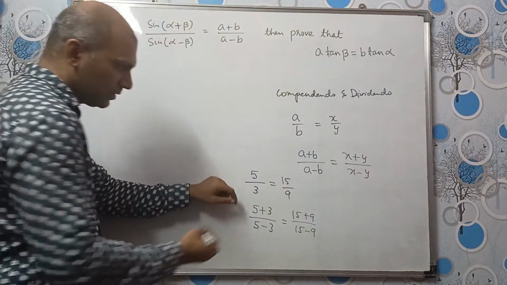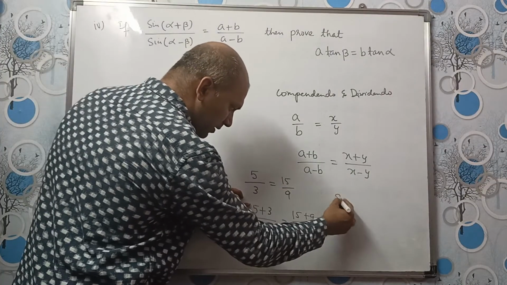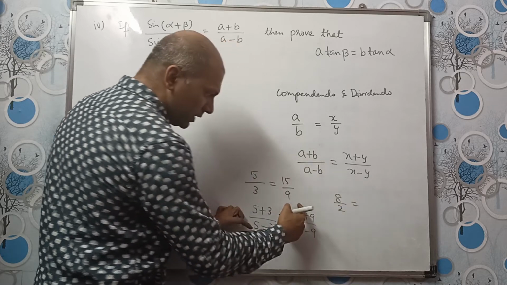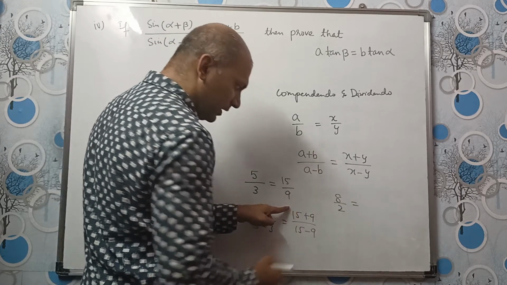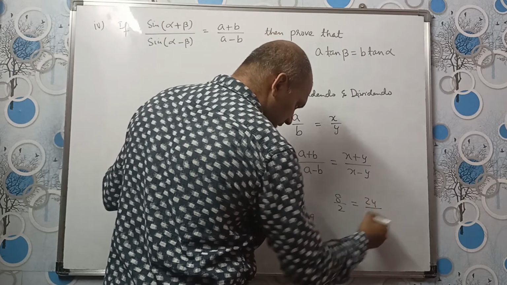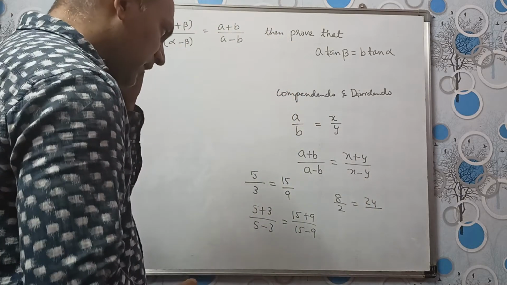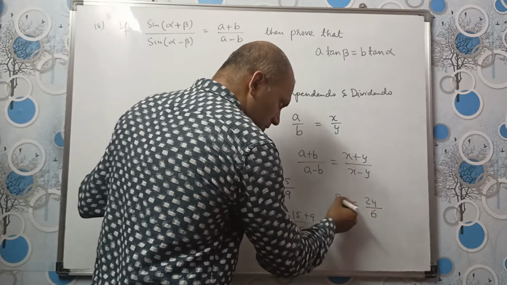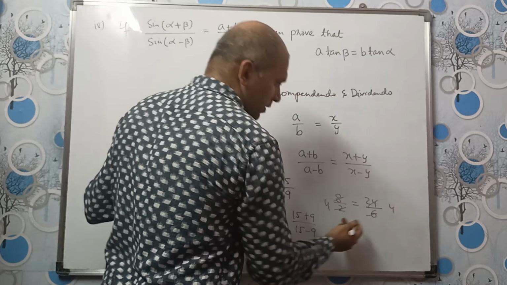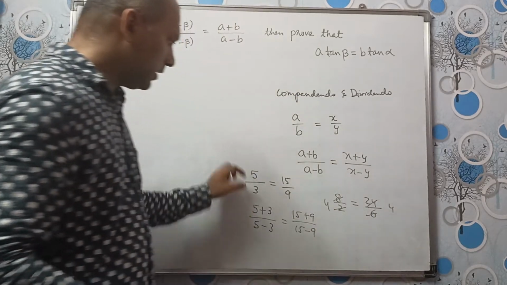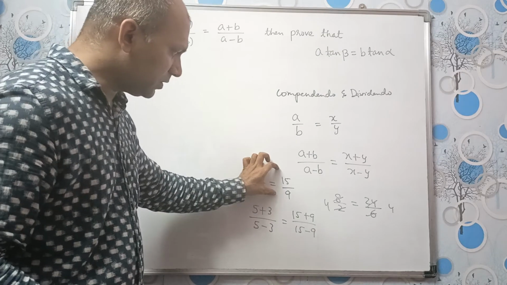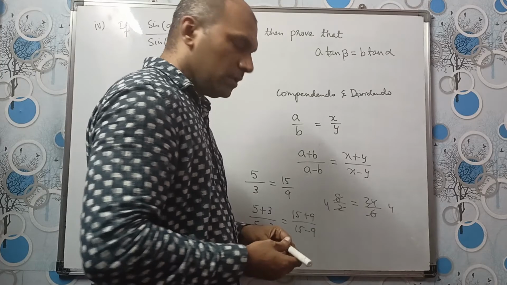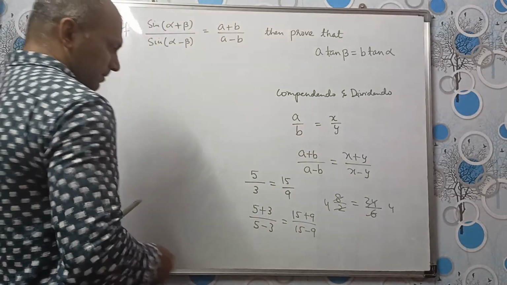So 5 plus 3 is 8, divided by 5 minus 3 which is 2, so this is 4. Here 24 divided by 6 is also 4. So 4 is equal to 4. Like this, 5 by 3 is equal to 15 by 9.